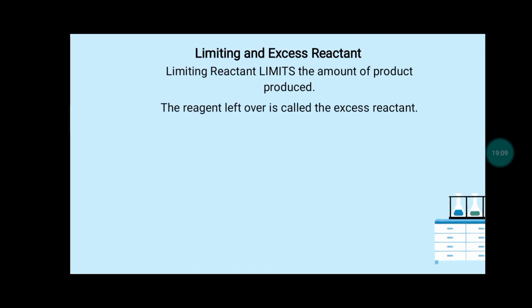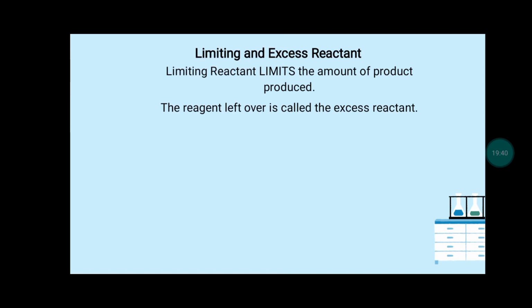Yung maiiwan, the reagent leftover is called the excess reactant. So, we see when we react two substances, it is essentially impossible to have them precisely the correct amount for both of them to react completely. Walang exact na kapag nag-react ka ng dalawang substance, exact amount lang yan. There will always be a limiting and there will always be an excess reactant.